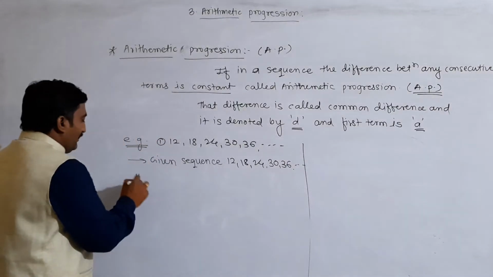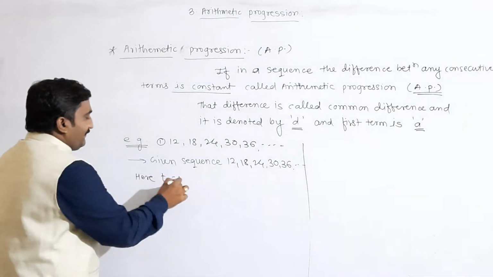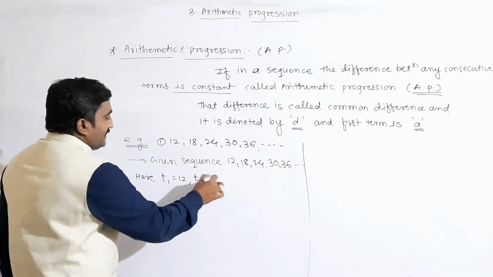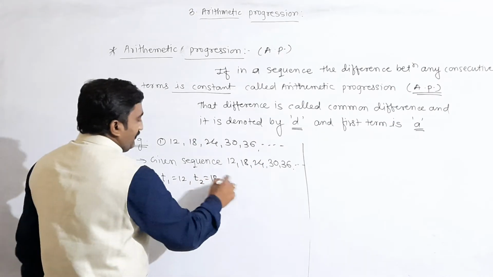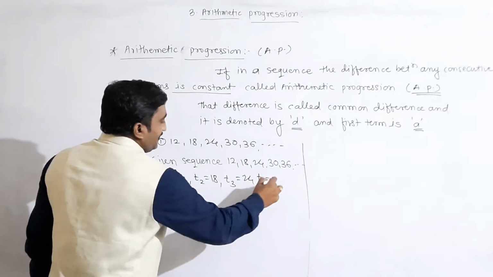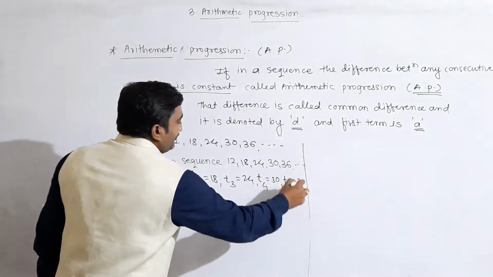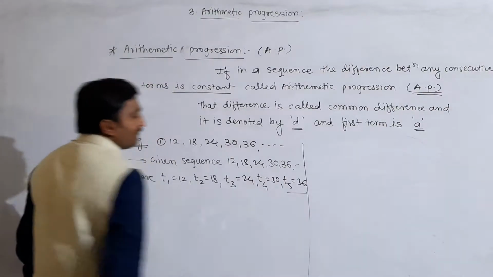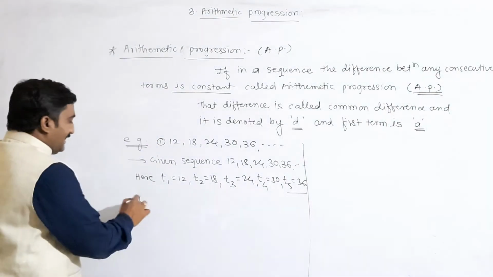Here the first term is 12, second term 18, third term 24, fourth term 30, and fifth term is 36. So calculate the differences.